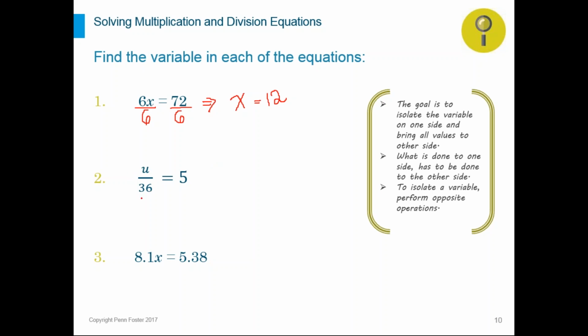So multiply this u over 36, which is actually a fraction, times 36. Do the same thing for the other side, times 36. We know that those 36 will just cancel out to be a 1. So we have u equals, and then 5 times 36 will give you 180. So u equals 180.